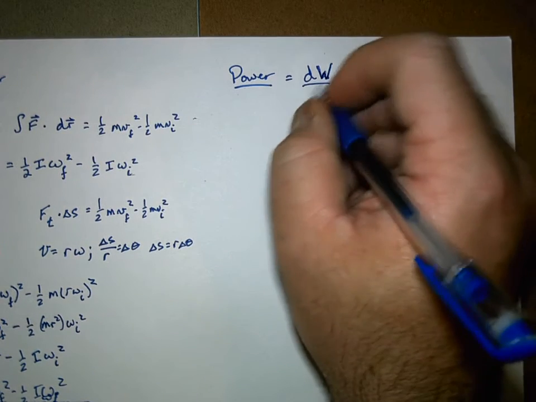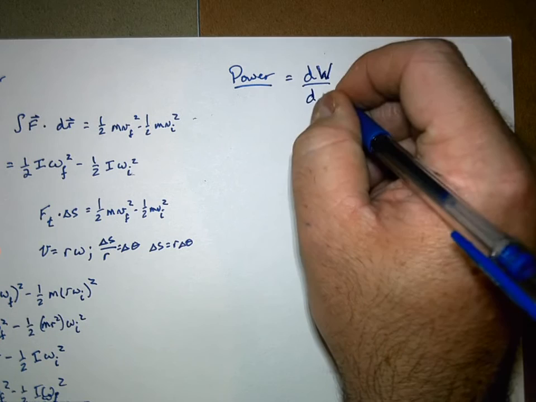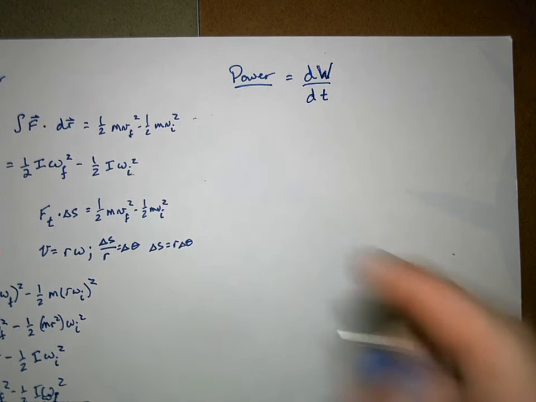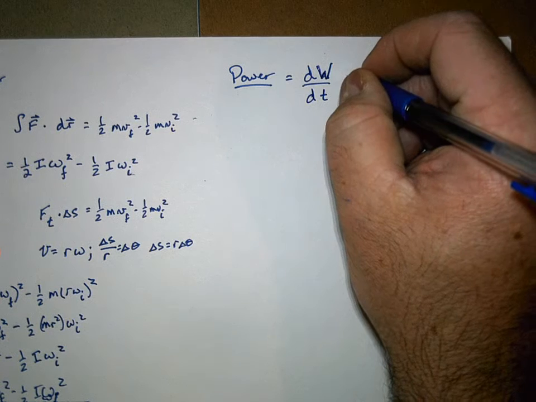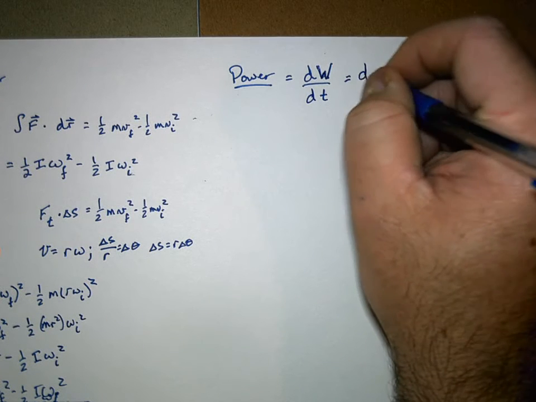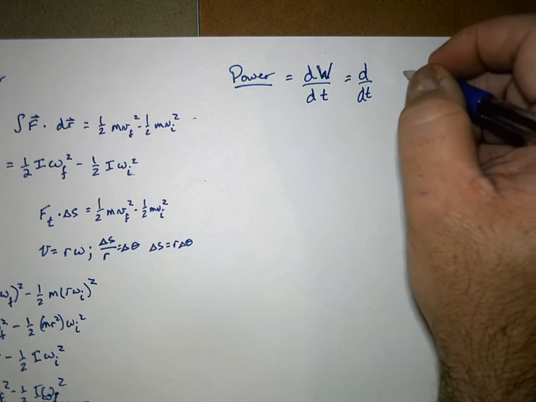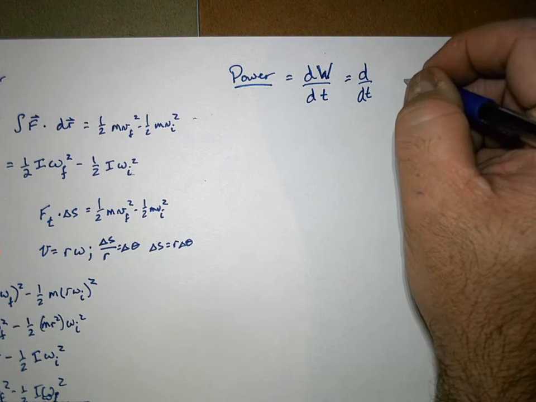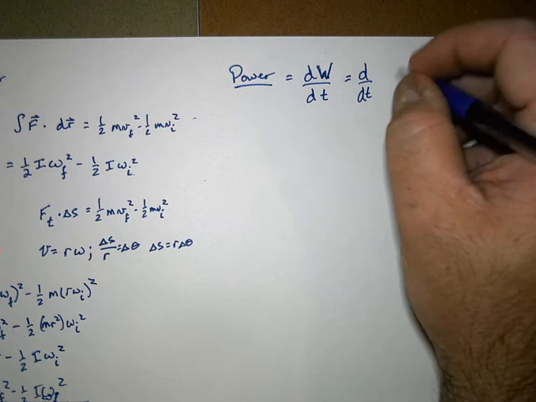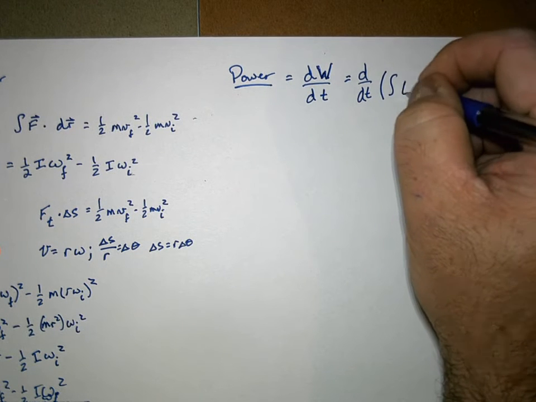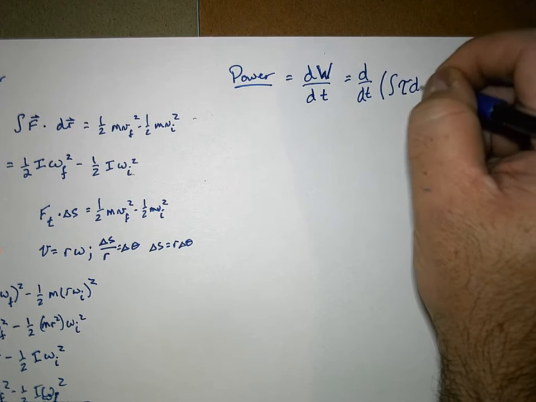Power equals dW dt, or the change in our work over time. It's the rate at which we are doing our work. But we've now found a new version of work. We operate on our work as the time derivative of the integral of tau d theta.